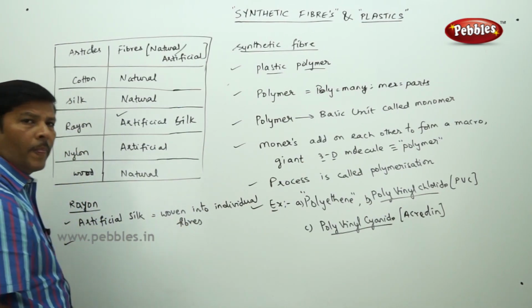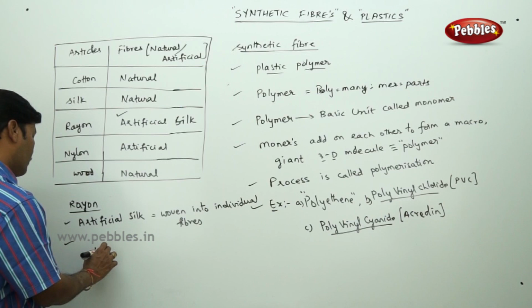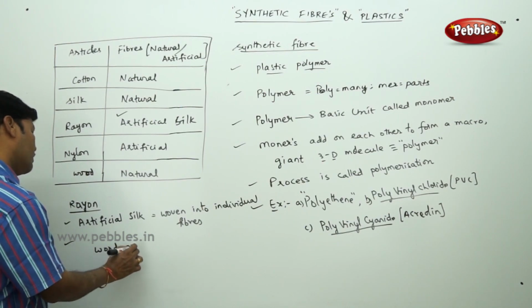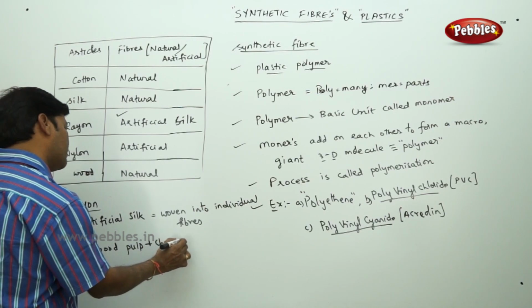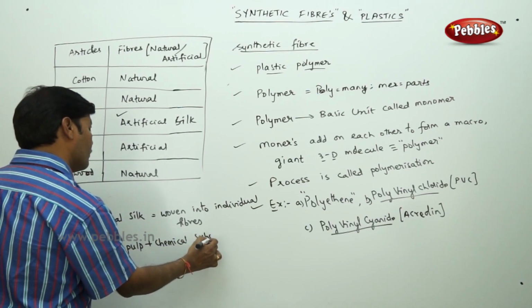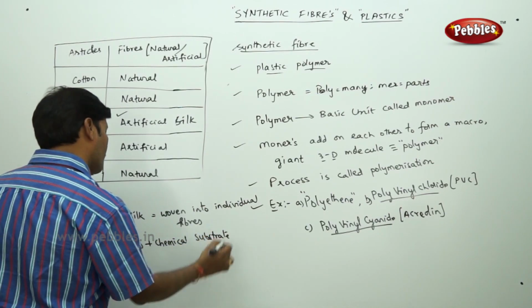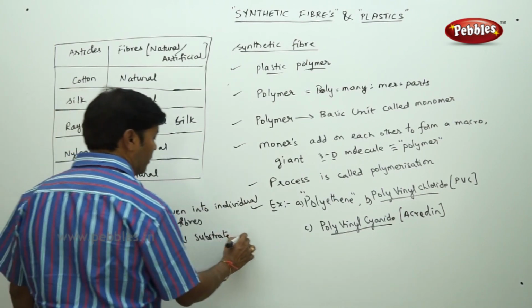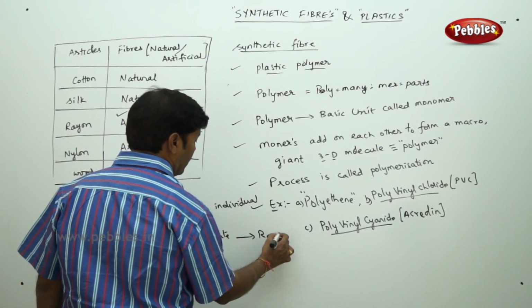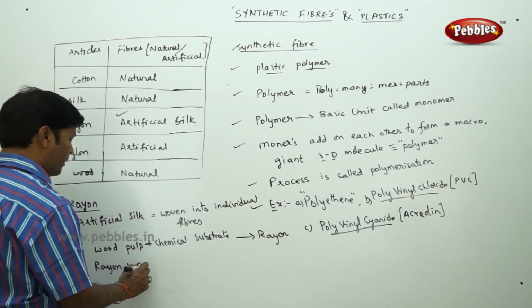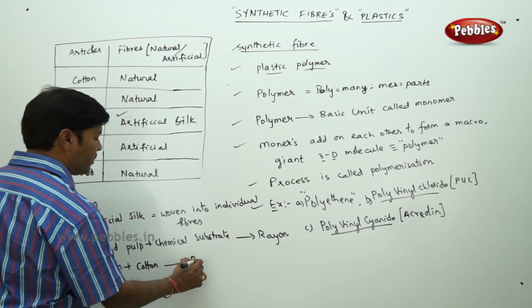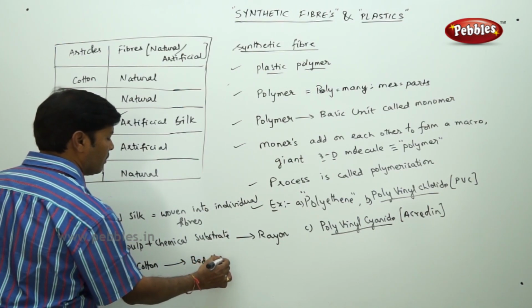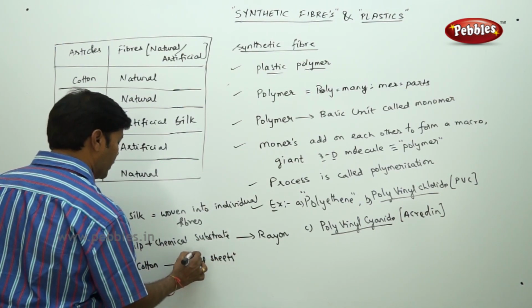So for example, wood pulp, when given a chemical treatment, when added with a chemical substance, gives rayon. Rayon, when treated with cotton, gives bed sheets.